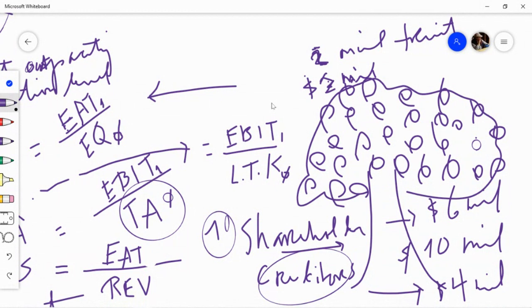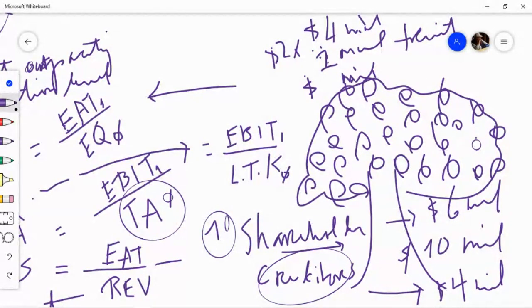Let's say, to make it more plausible, 2 million fruit, but they are sold for $2, right? Then the total revenue will be $4 million.